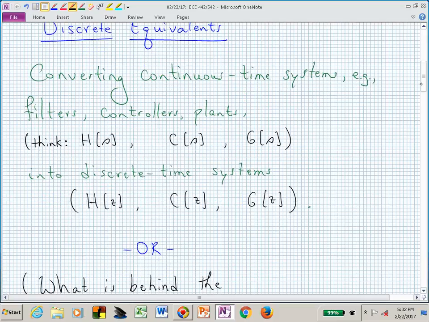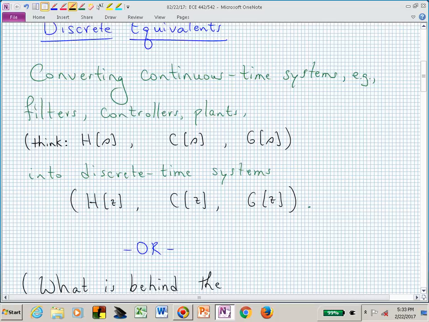Here's where you sit back and enjoy from 30,000 feet this overview. Discrete equivalents are a way of converting from a continuous time description of a filter, a controller, or a plant, and by that I'm saying the filter I'm describing by H of S, the controller by C of S, and a plant by G of S. We want to be able to put those into a Z-transform description or into discrete time in the frequency domain.